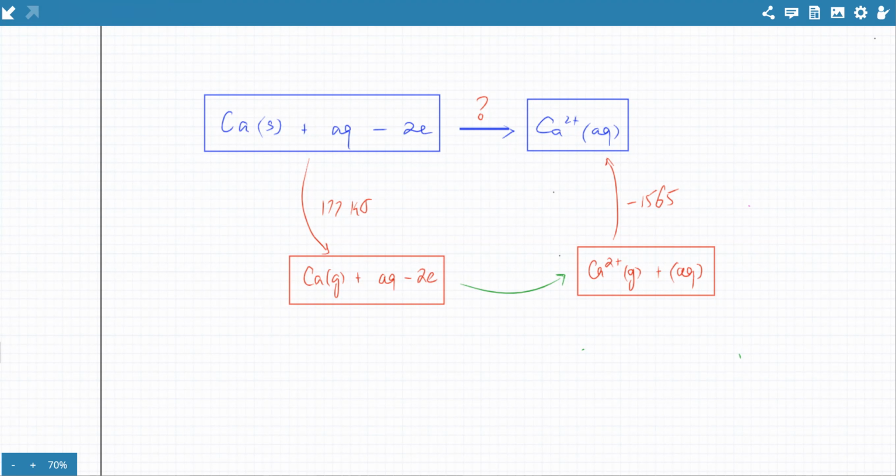It was an ionization enthalpy, right? The calcium loses two electrons. That's the only thing that's happening; the aqueous part is not doing anything. It only loses two electrons, and that's the first and the second ionization energy of calcium.